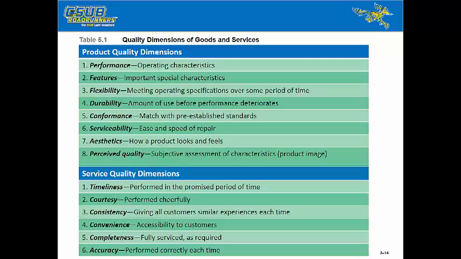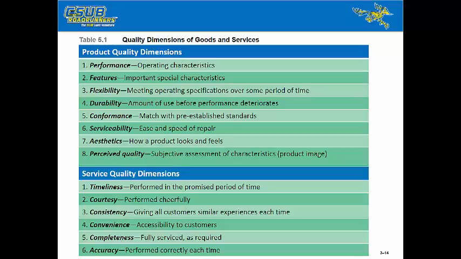So any of these, if you wanted to have quality on one axis and price on the other, then rather than just having quality as a general concept, I would like to see it as one of these areas here. So durability or serviceability or perceived quality. So subjective assessment of quality rather than objective.